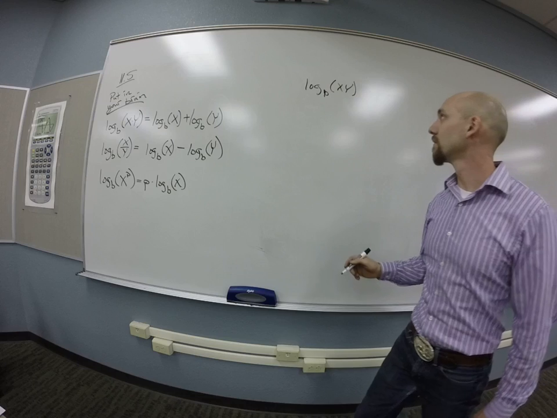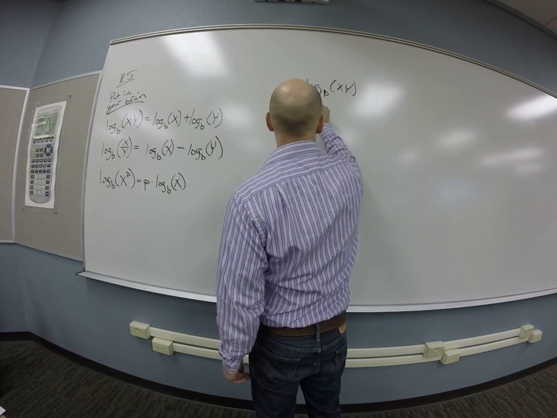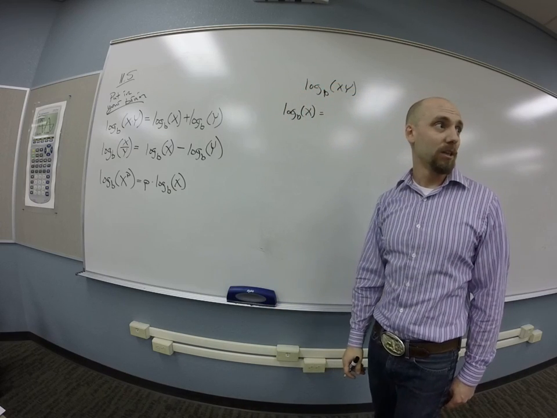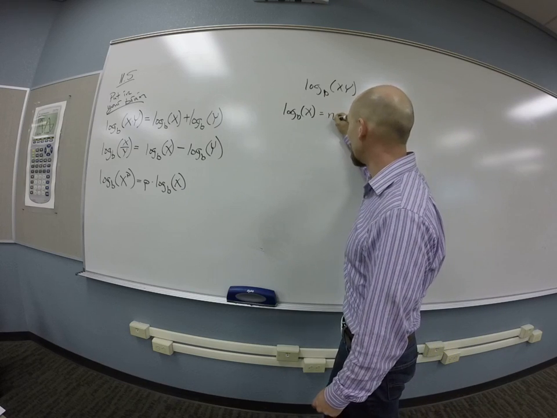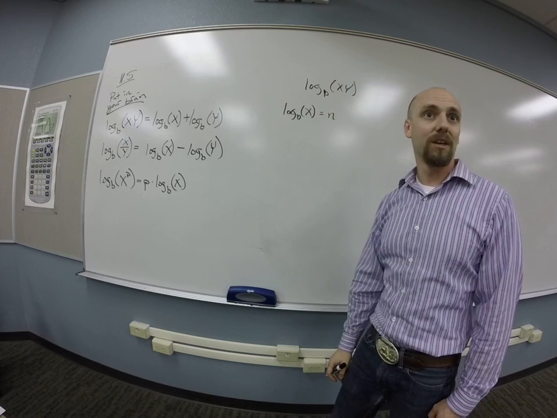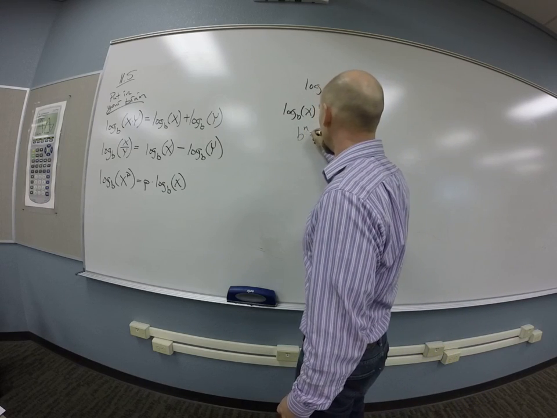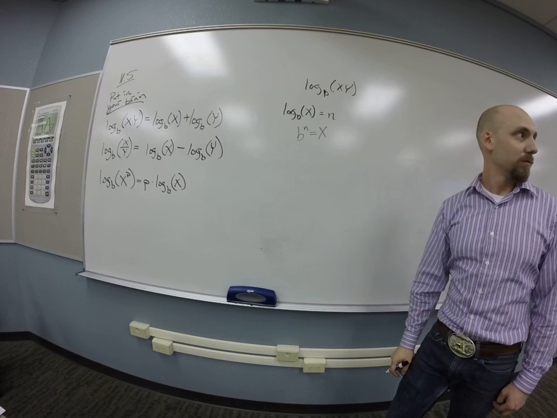So log base b of x is something. I've used up lots of letters, so I'm going to pick a different letter that I don't have, like an n. Really what this means is that b to the n is x, right? You guys cool with that?